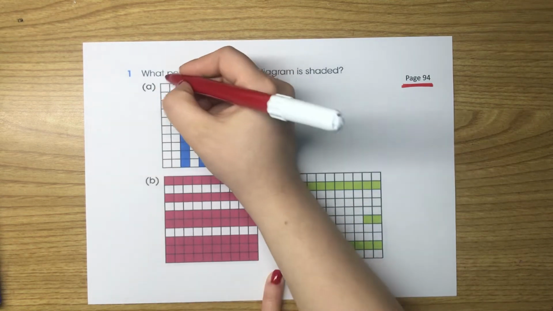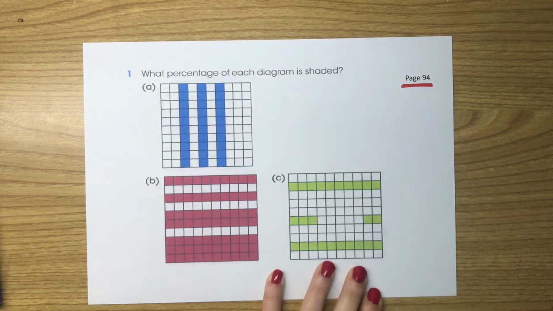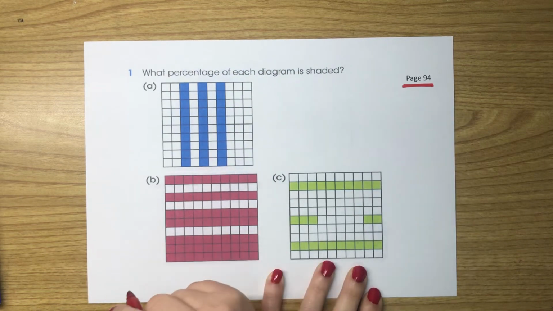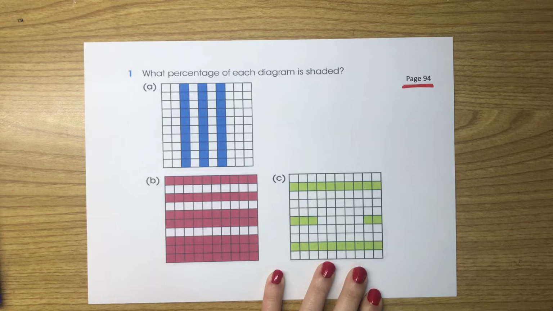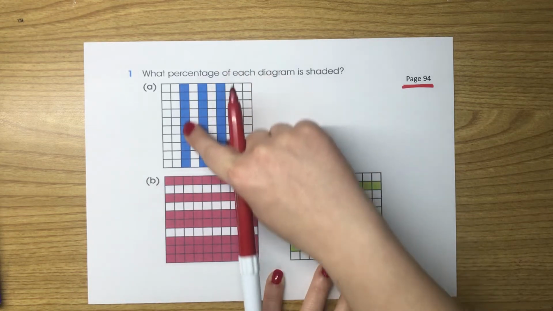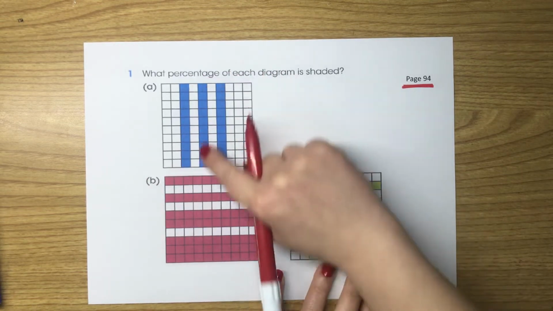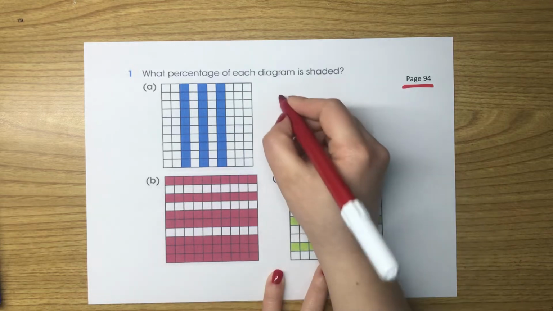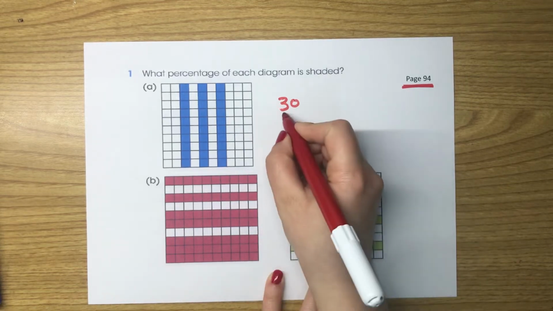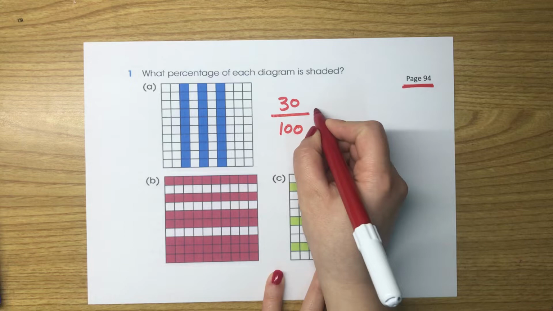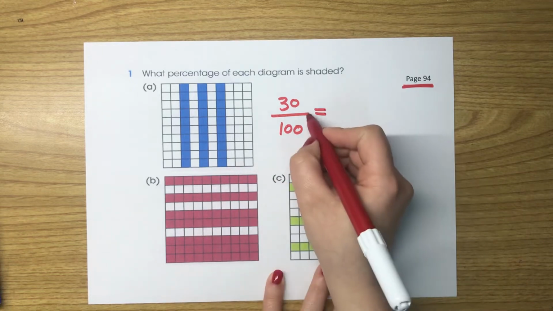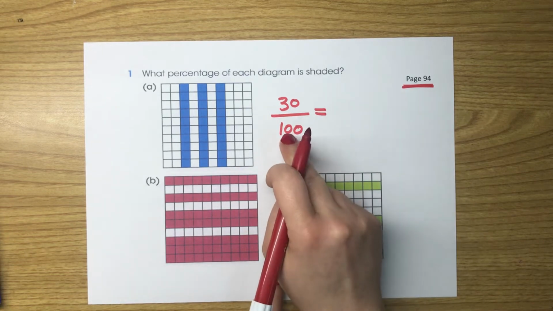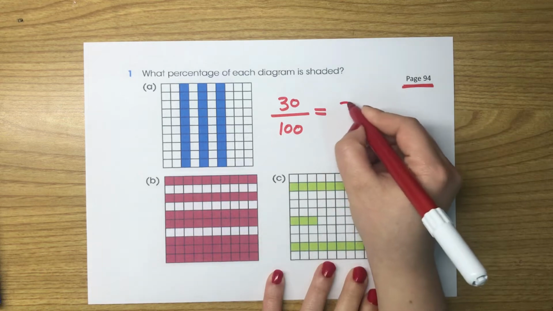They need a percentage, so first we write a fraction out of 100. Each row has 10, so 1, 2, 3 rows means 30 small squares have been shaded out of 100, which, because the denominator is 100, equals 30%.